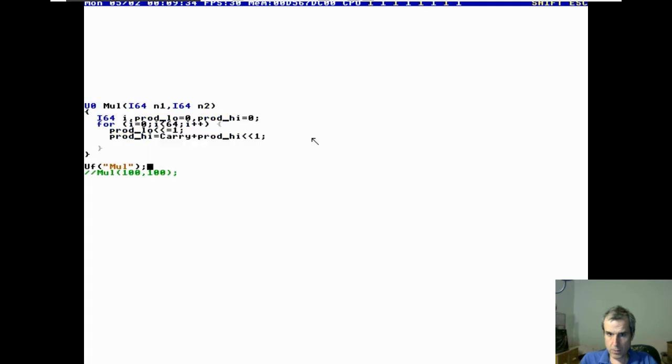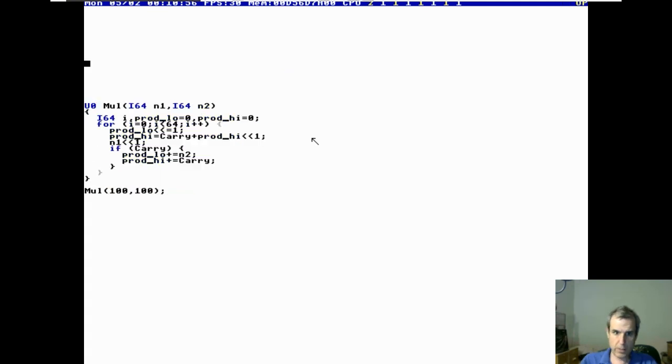Son of a bitch, what the fuck? What is your malfunction? This is not going to help. This didn't print any ones. N1. Shift it over.